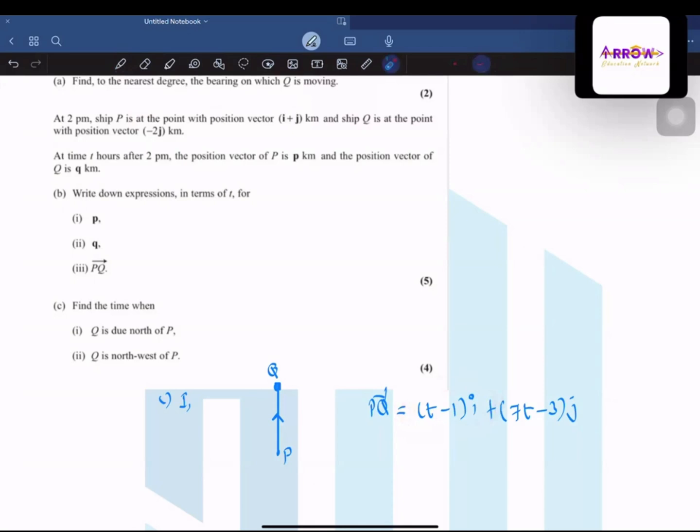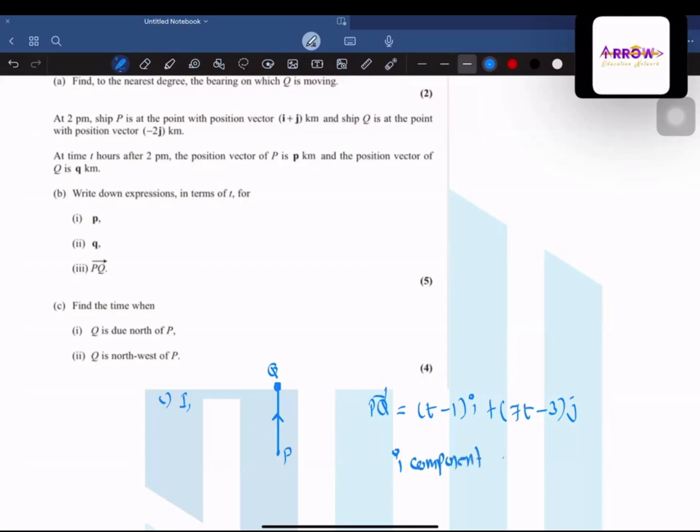Makes sense? Because when we are moving from point P to point Q, we are just going in a vertical path. We are not going anywhere in the horizontal path, so the horizontal component for the PQ vector is 0. So the I component will be equated with 0.